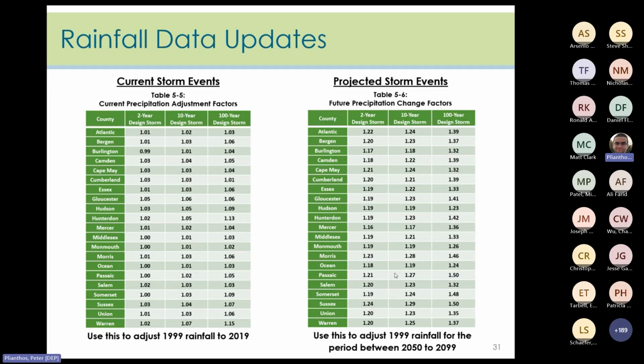The current precipitation adjustment factors found in Table 5-5 of the rules adjust the outdated rainfall data from 1999 to reflect what we are experiencing today.